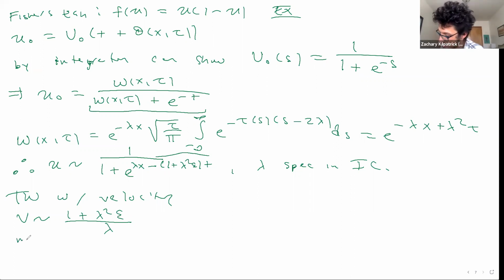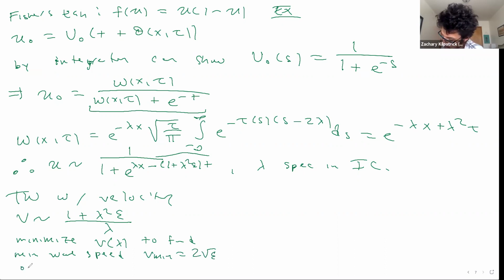So if you minimize v of lambda, you find that the minimum speed is going to be v min equal to 2 times the square root of epsilon, and is going to occur for lambda equals 1 over square root of epsilon, okay?